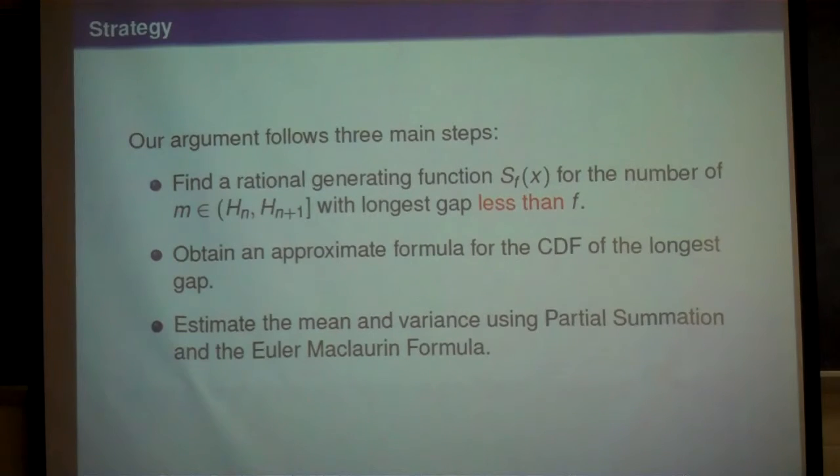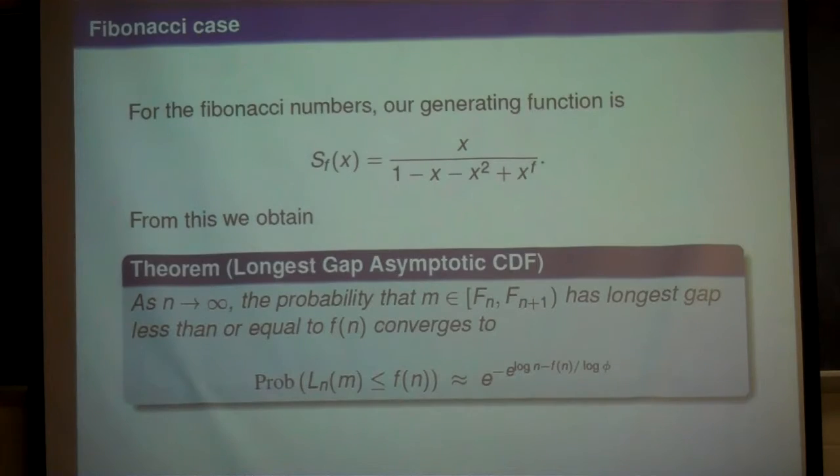Then we can apply some standard techniques to smooth out our sums and turn them into integrals, and then calculate our mean and variance. For the Fibonacci numbers, our generating function will be this function here.